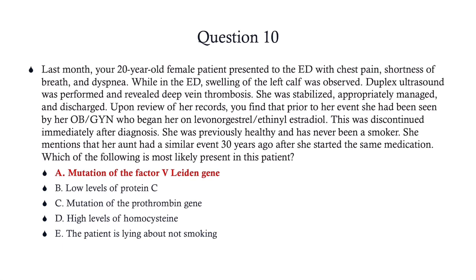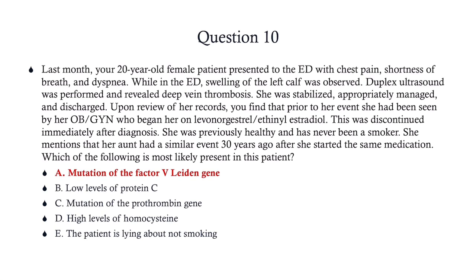And usually it's smoking. However, I have faith in her OBGYN that prior to prescribing the oral contraceptive, he or she asked about her smoking history, whether or not she's currently a smoker. So I would not suspect that that's what's behind it. Now, patients do lie, but on your exam, I would not assume that, unless maybe you're dealing with a psychiatry question, but I would not assume that.